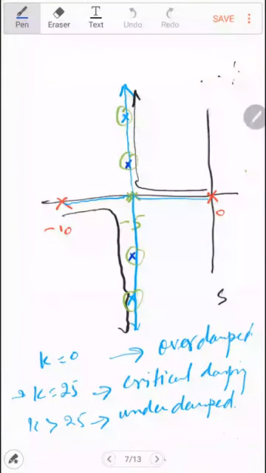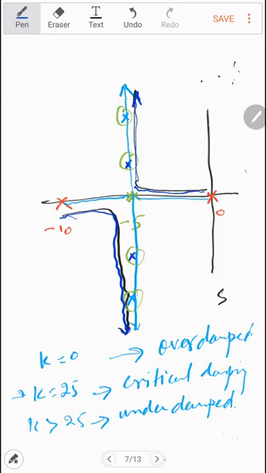We have one pole at 0 and one pole at minus 10, and you see that as you change the value of the gain, the poles move along some path and then go into the complex plane. The number of branches is equal to the number of paths of this root locus. So one is this one, and the other one is this one, downward.